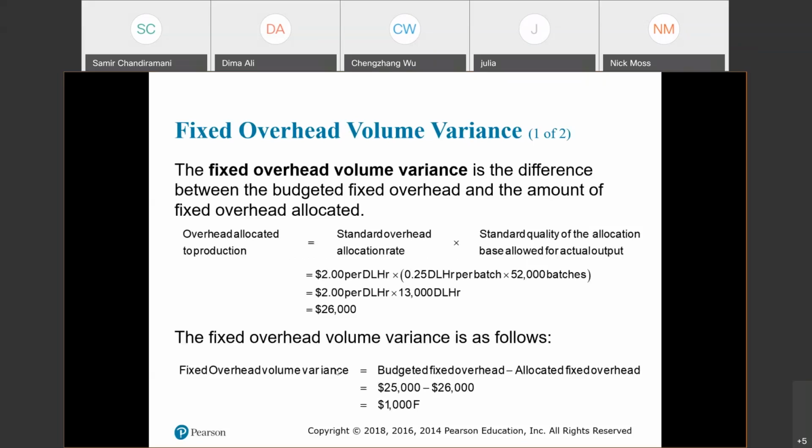Instead, we use the analysis in volume variance, because I said the total fixed cost doesn't change within the relevant range. The only thing that changes is the per unit fixed overhead as the total volume changes.